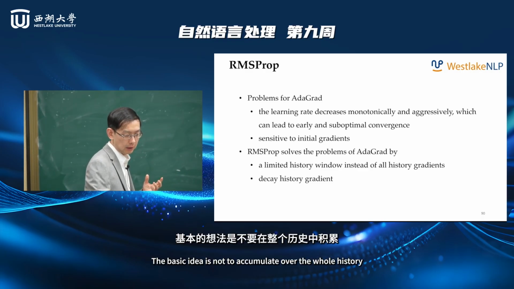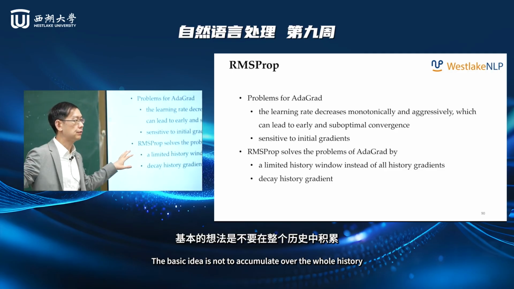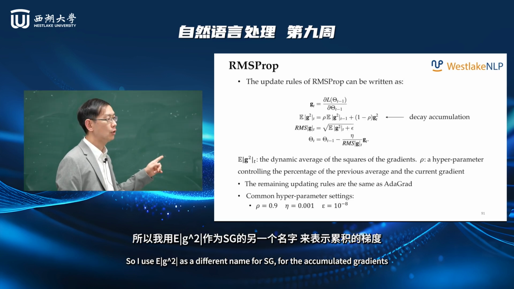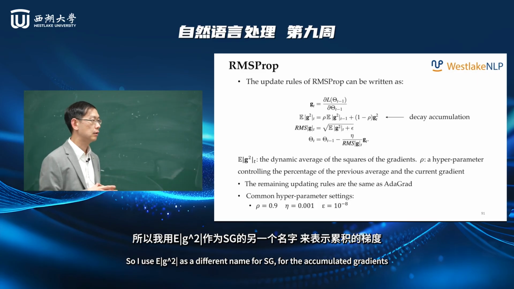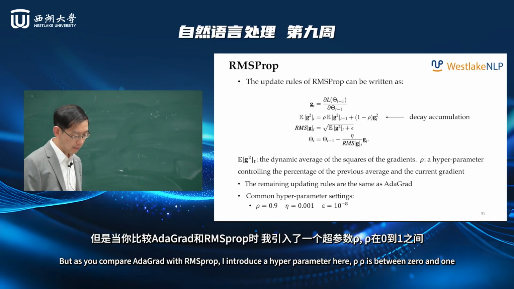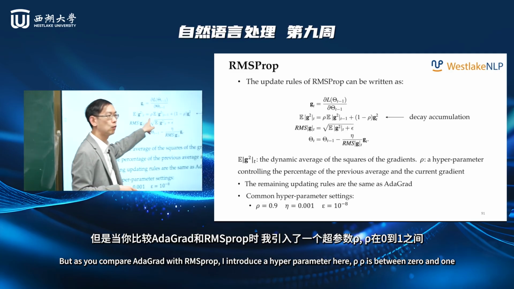So the basic idea is not to accumulate over the whole history, but to introduce a forgetting factor. So I use EG squared as a different name for SG, for the accumulated gradients. But as you compare AdaGrad with RMS Prop, I introduce a hyperparameter here, rho.